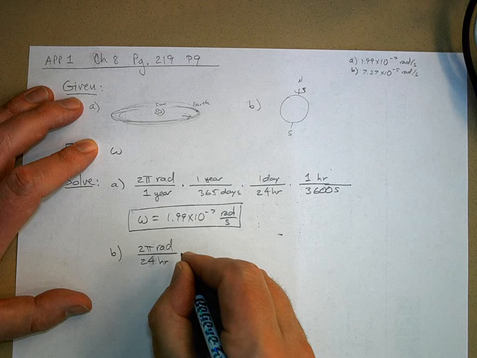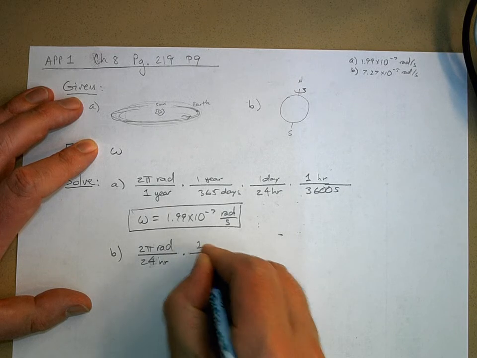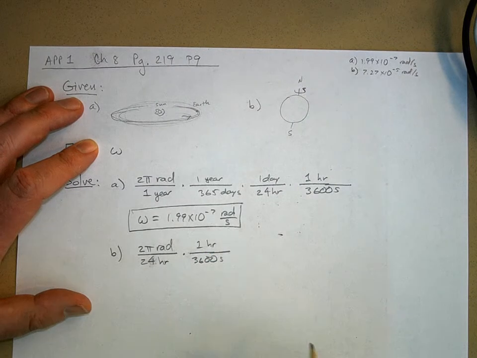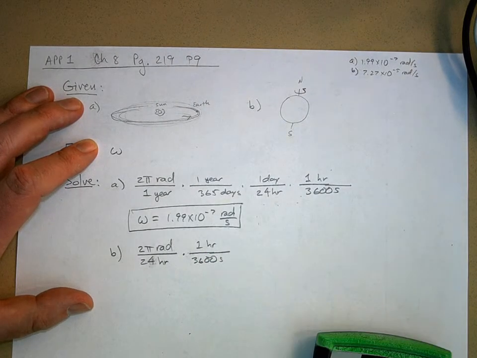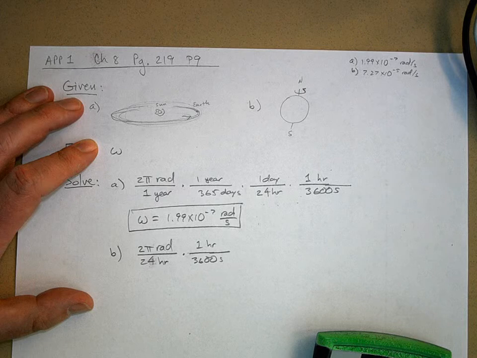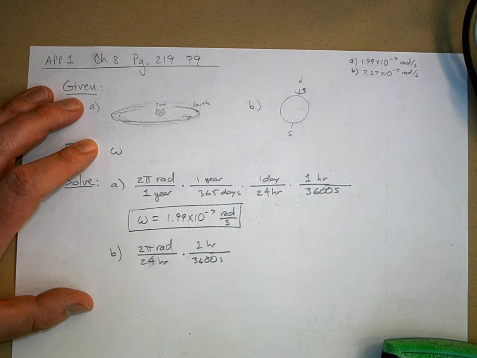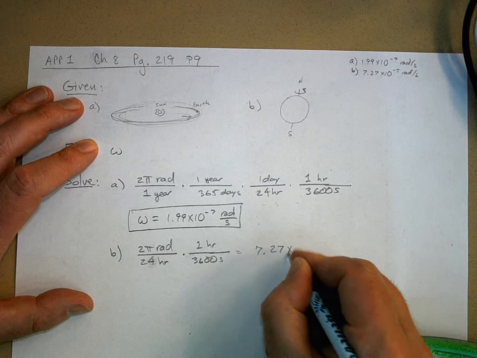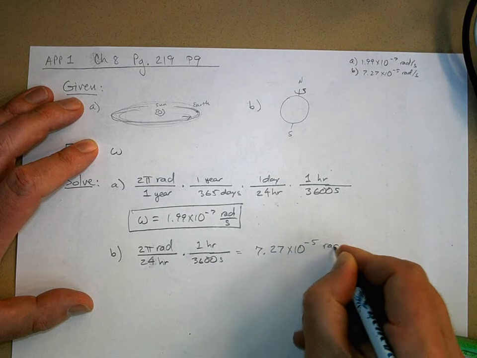So I'm just going to take this and say that 1 hour is 3,600 seconds. So 2 times pi, divided by 24, and then divided by 3,600, and you get 7.27 times 10 to the negative 5 radians per second.